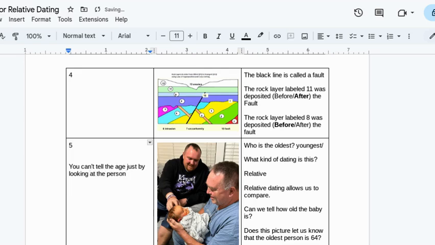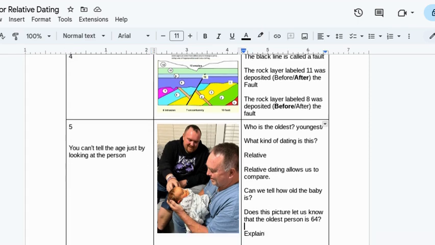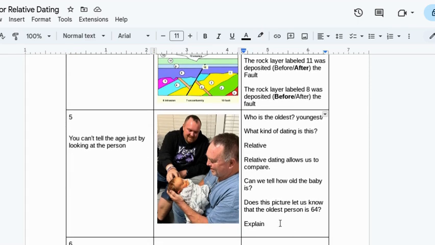You can't look at this and say, yes, Mr. Wadsworth is obviously 34. Well, we don't know that Wadsworth's 34. He is, but we can't tell it just by looking at this picture. If I look at this, do I know that the oldest person in this picture is 64? No, I can't know that because I have to do absolute dating.